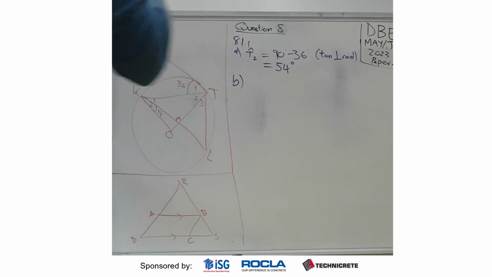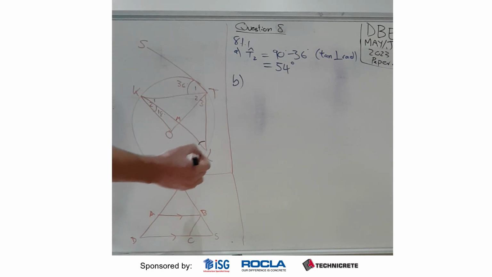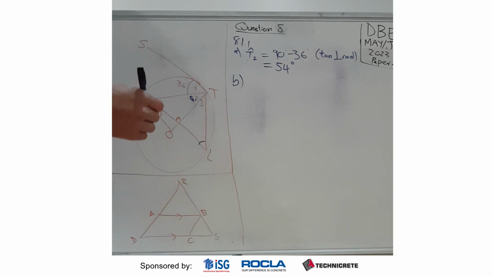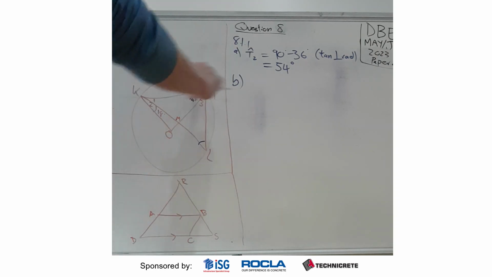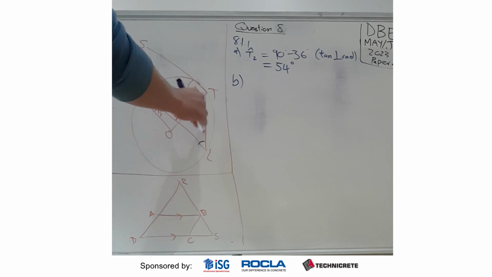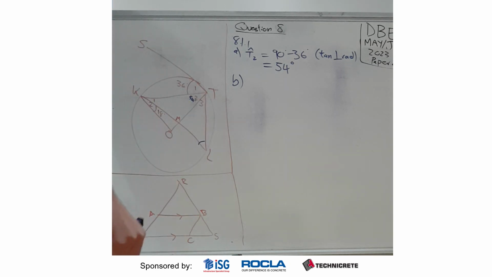What about 8.1.1b? It asks us to find angle L right here. So let me put in this value now that we know it: 54 degrees. Great. So something you might notice here, we have a chord, K to T, and we have a tangent that touches this chord as well.